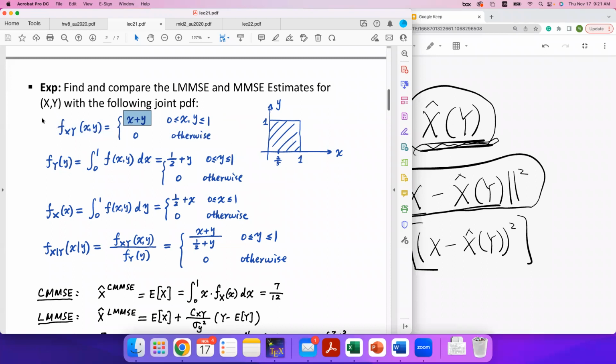Now, given this joint distribution, find and compare the LMMSE and MMSE estimates for X and Y with the following joint PDF.